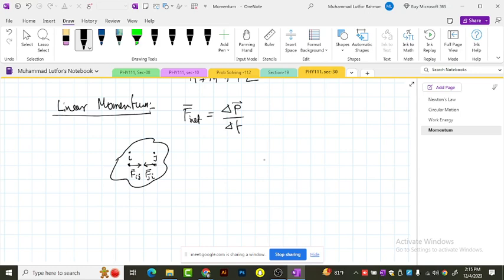But for this ith particle or the jth particle, I chose arbitrarily, there will be one more force on the jth particle by some external force. External means that outside of this object there will be a lot of other things.